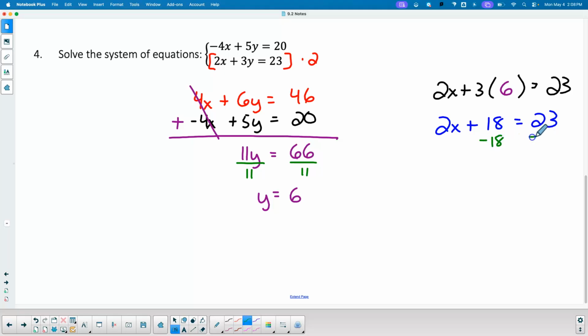Subtract 18. Divide by 2. And I get x equals 5/2. Now what do we have to do? Both of them back in. Where?